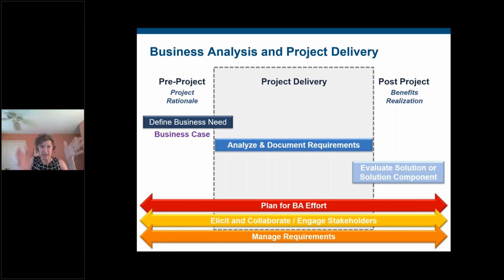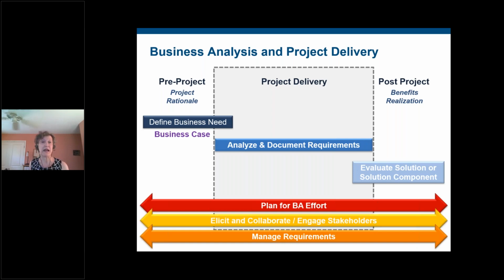Now, within the confines of the project, they're doing lots of requirements work. That's sort of the bulk of the requirements work, analyzing and documenting requirements and maybe tracing them and doing all those kinds of things that they do. They also plan for their BA efforts. So they have to think about, what are the things that we're going to do? What tools are we going to use? Who are we going to be working with? What kind of techniques do we want to use to elicit or to document or trace, or all the kinds of things that we're going to do? Planning throughout that.